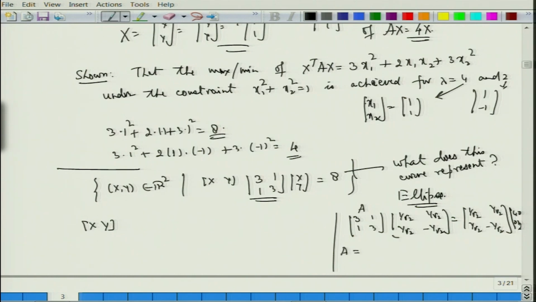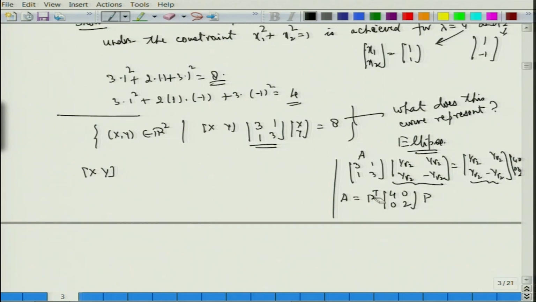Let me see, this is one matrix, this is the same matrix. Here it turns out they are transposed, so I would like to write it as transpose. So, I have got a matrix P transpose, diagonal matrix [4 0; 0 2] times P. I am writing like this, all right. Or let me write this way, P transpose D P, where P is equal to [1/√2 1/√2; 1/√2 minus 1/√2].